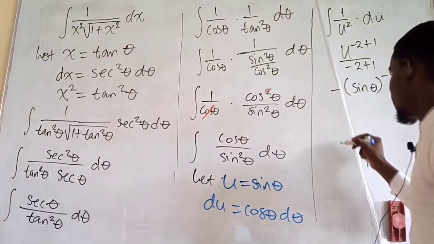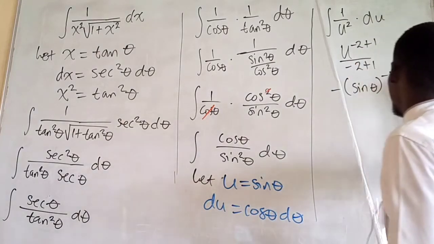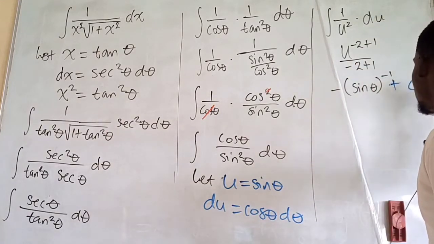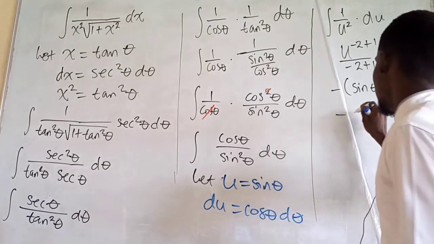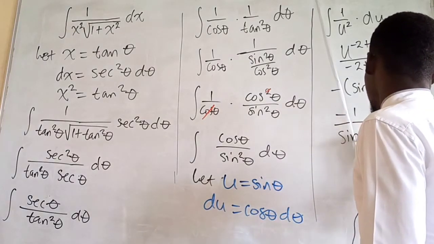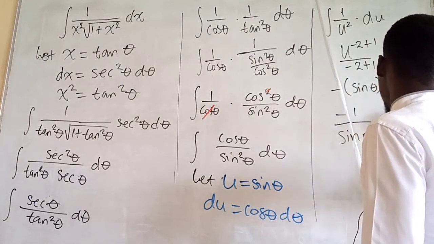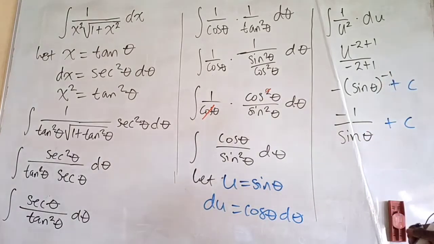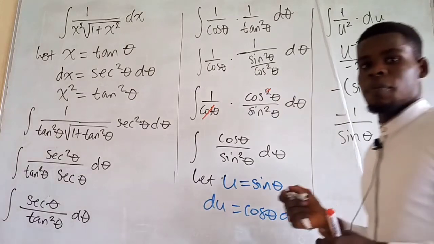Let's add an arbitrary constant to this. So it follows that we get negative 1 divided by sine theta plus c. Very nice.